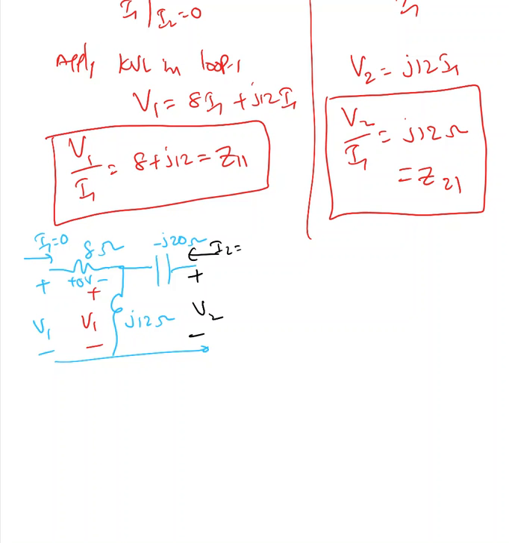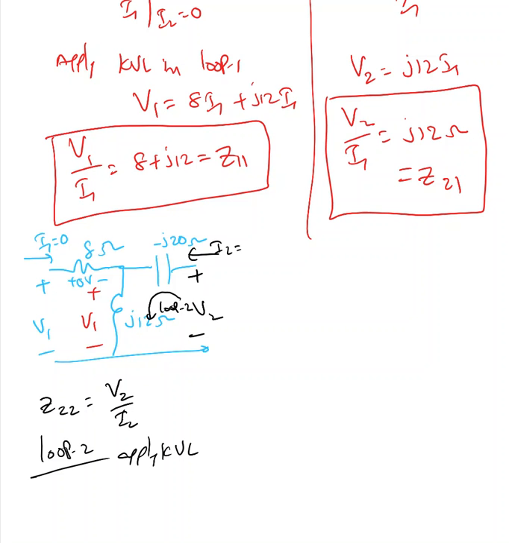So I2 we have some value and V2 we have some value. Now finding Z22 is V2 over I2. So I'm going to take this loop 2 and apply KVL. I'm taking anti-clockwise here, just following the I2 direction.